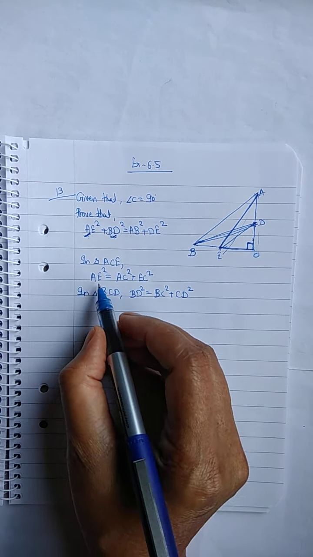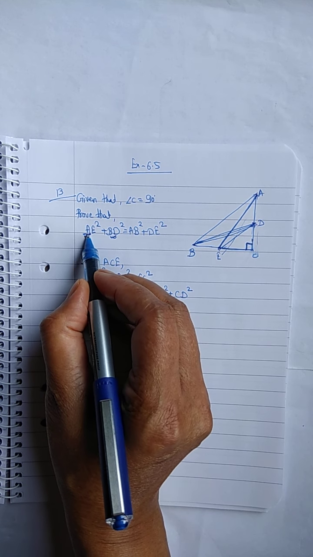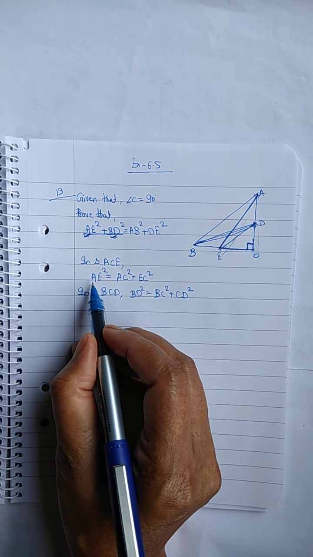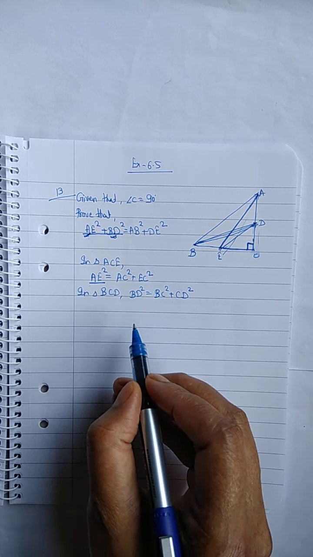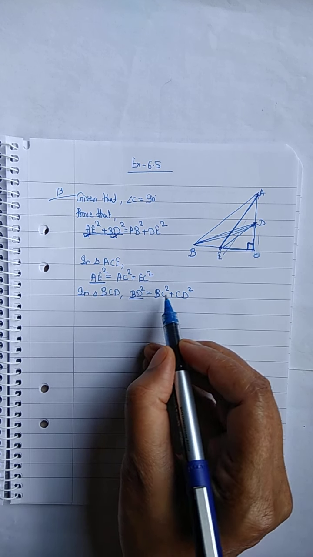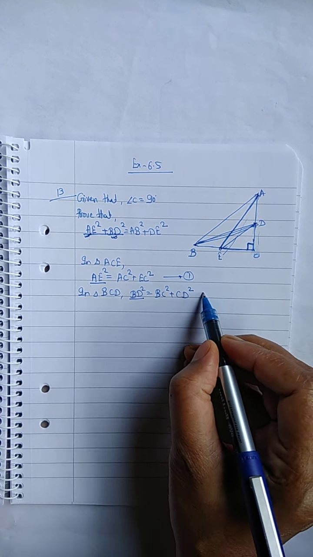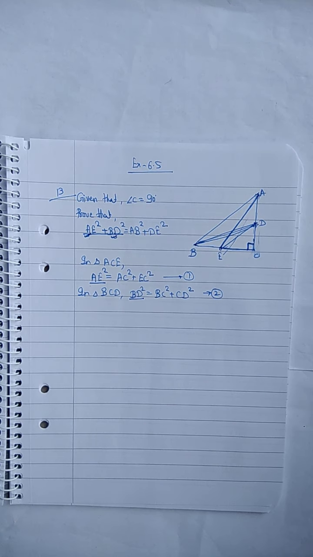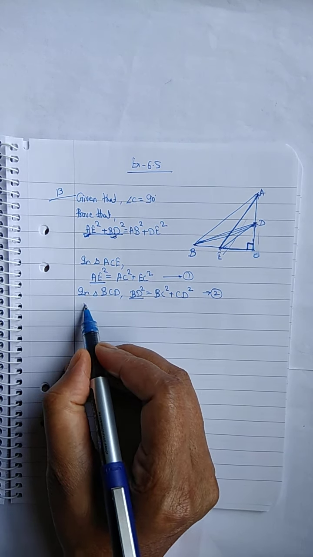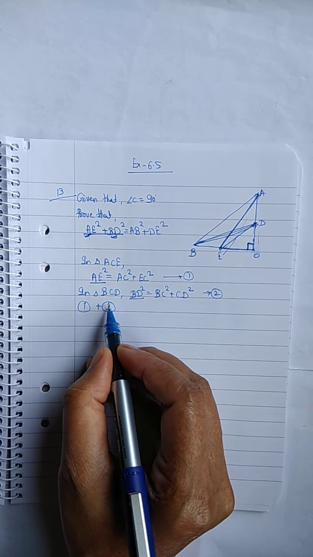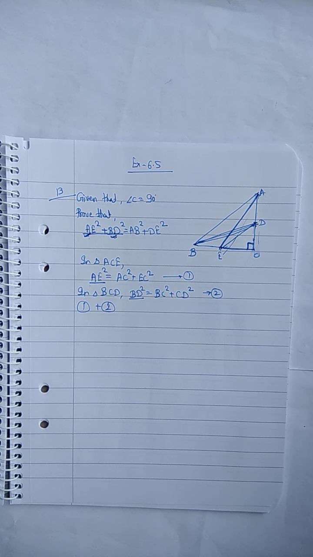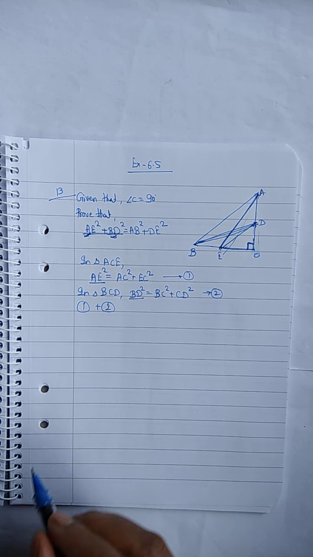Right? Now, what we have to calculate? AE square plus BD square. So AE square is here, BD square is here. That means we have to sum this and this equation. Right? So 1 plus 2. Or we can also write as adding equation 1 and 2.